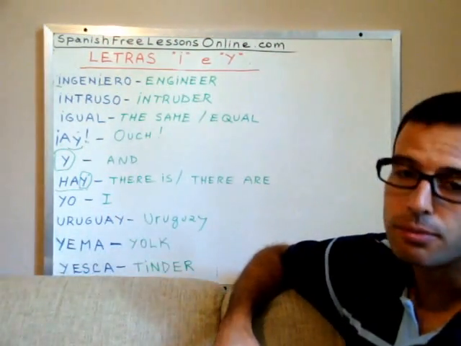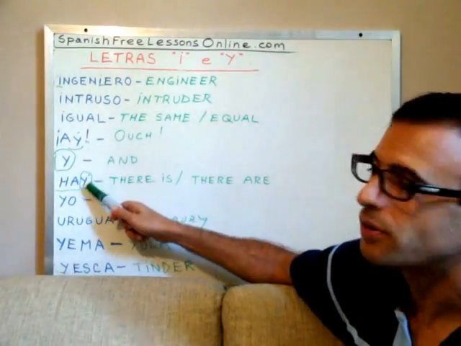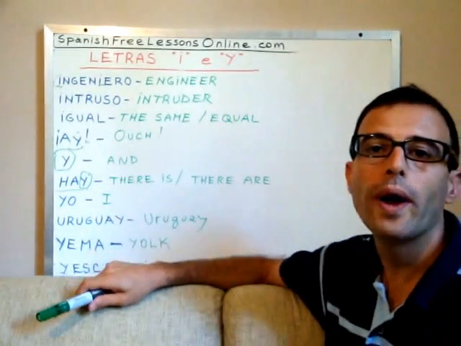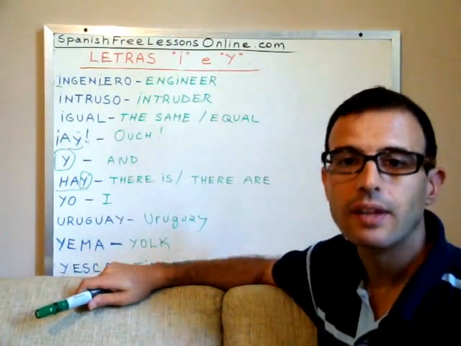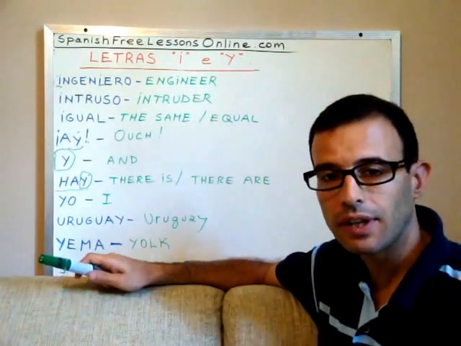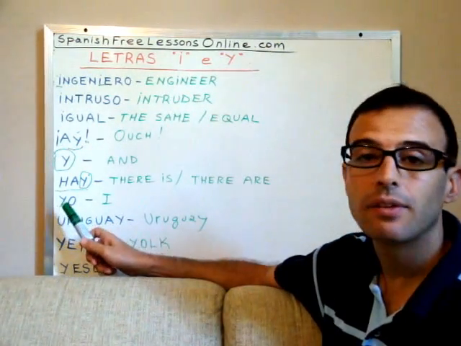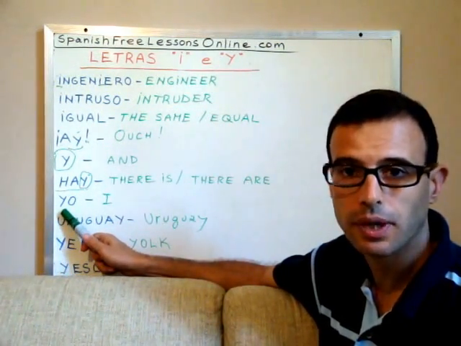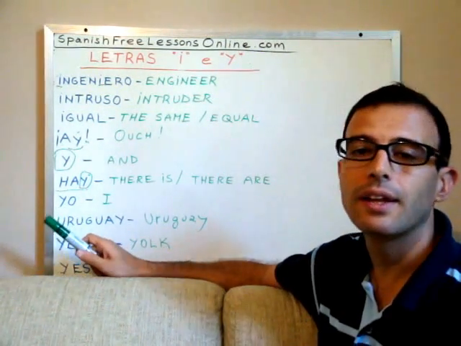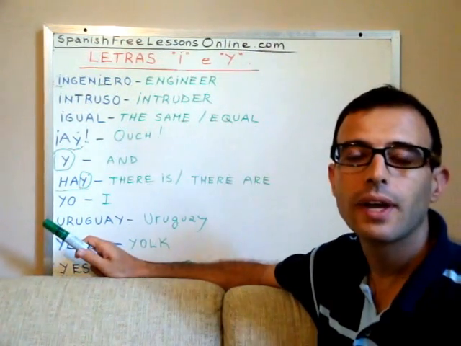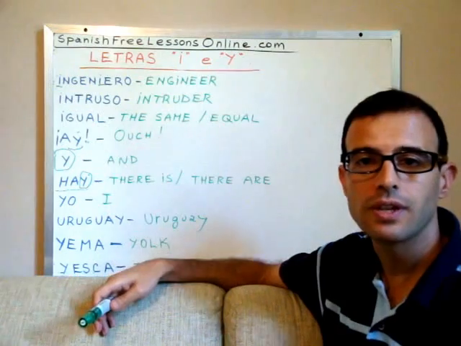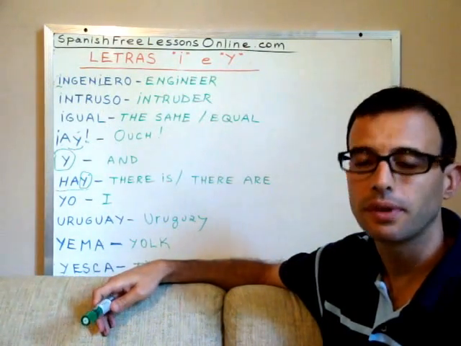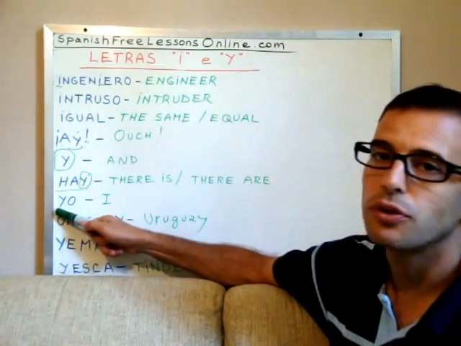Here we have a different pronunciation of the letter Y, okay? When the Y is not at the end of a word, but it's followed by a vowel, okay? Then the letter Y always has this other pronunciation, like J in English, okay? Like here, yo.